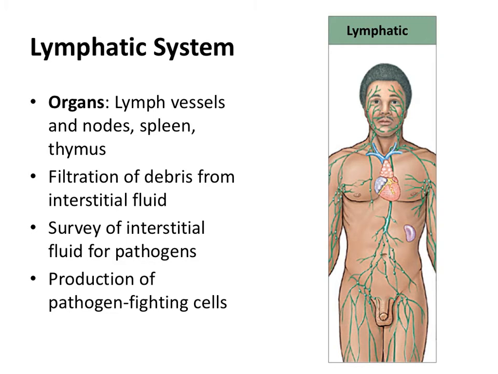This is a system for returning fluid that is lost in the bloodstream. It goes in between your cells, a sort of nowhere space between your cells. But take any buildup of fluid there and get it back into the bloodstream so that your blood pressure doesn't completely plummet. Along the way, though, this fluid is going to be filtered for debris, and that's what the lymph nodes are all about.